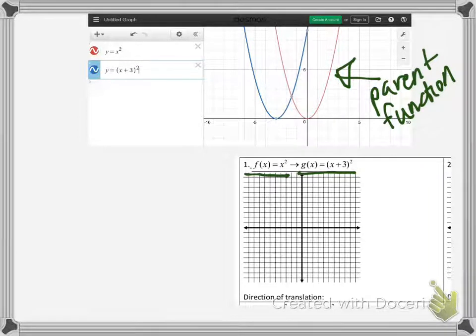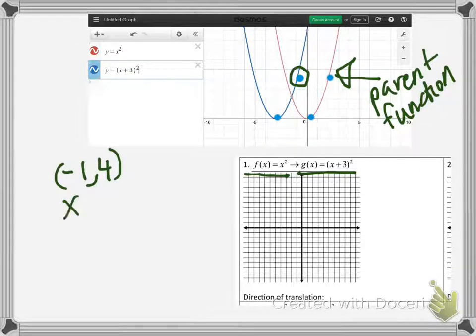If you say x plus 3, you might expect that that would move 3 units to the right based on what you know about geometric figures. But you can see when you look at any individual point on this parent function, it moves, in fact, 3 units to the left. And what's happening there is, let's look at this point right here on the new function. If you take that point, that's -1, 4.